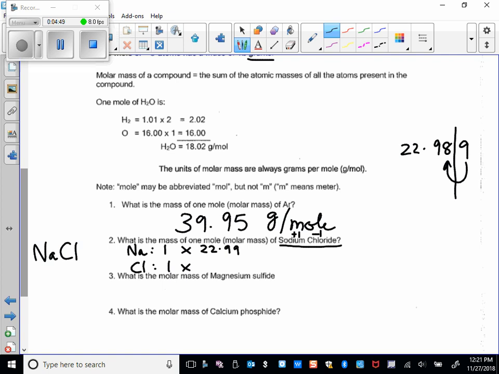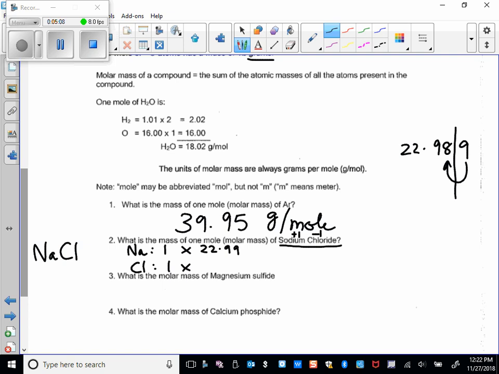Miss Meyer, do you need? Miss Meyer may have one more calculator. You can borrow one from Miss Meyer also if you don't have one. Does everybody have a calculator? All right.